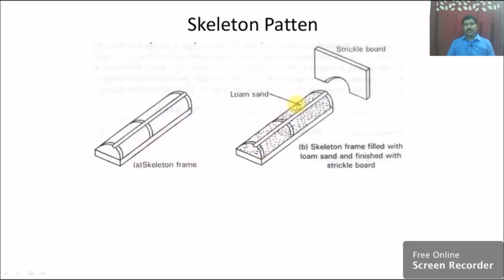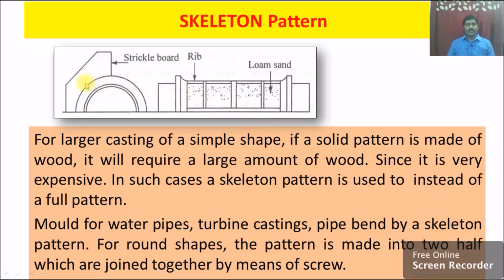So loam sand is filled in the skeleton pattern and the loam sand is evenly deposited here through the strickle board. Okay, so the skeleton frame is filled with loam sand and finished with a strickle board. So that is the major thing. And then here the strickle board is aligning the particular loam sand.